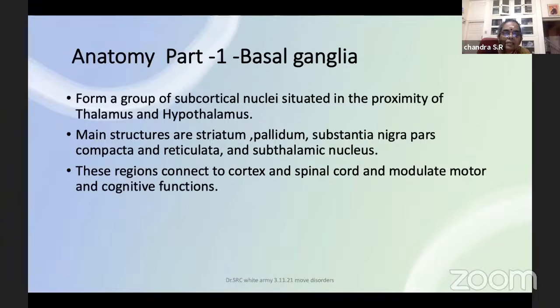And these regions connect to the cortex. It is a collection of gray matter in the subcortex, which is intermediary between the spinal cord and the cortex. So it receives information from the cortex, transforms it to the spinal cord, modulates functions based on the demand situation, and converts it into a motor schema. That is the activity of the basal ganglia.